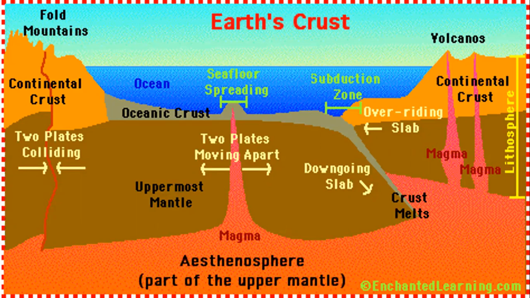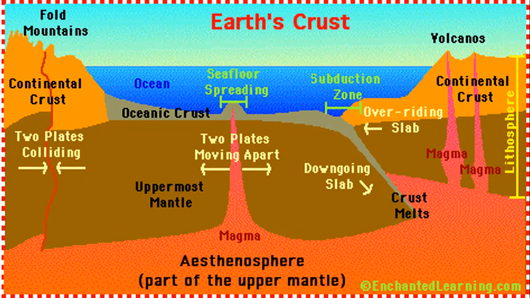plate. On the right-hand side, you see oceanic crust in gray again, arriving at continental crust, but instead it slips beneath the continental crust. And the continental crust rides over the top of the oceanic crust. This is known as a subduction zone, and this is where you would find trenches as well.